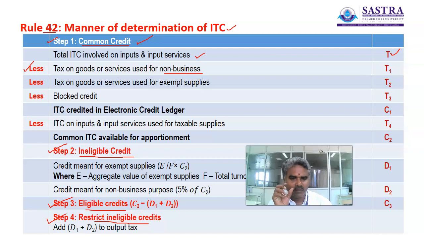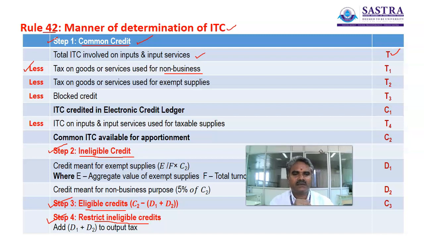So how much input tax you paid for goods purchased for non-business, because you have a record. Simply you can take this value from the total goods purchased.